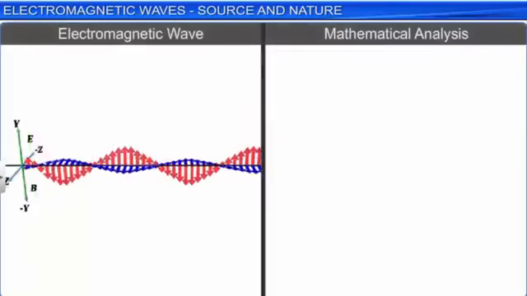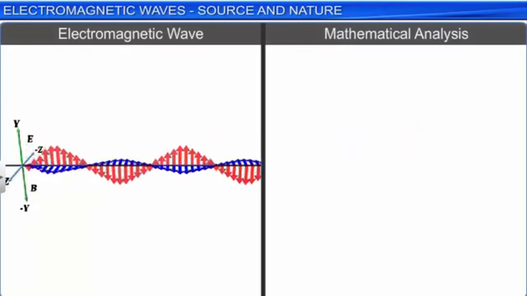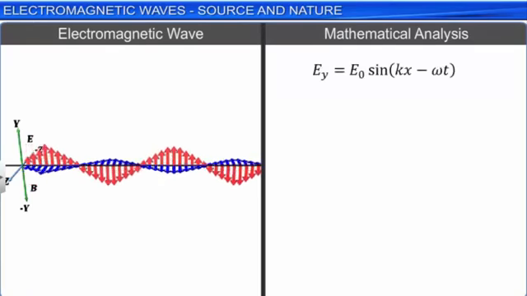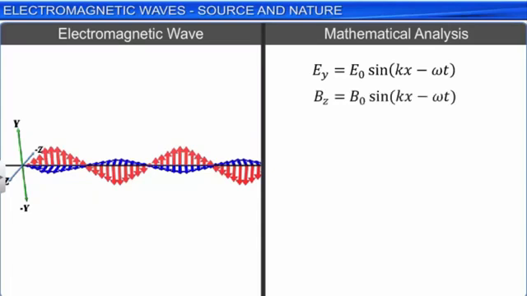The electric field and the magnetic field can be written as E_y = E_0 sin(kx − ωt) and B_z = B_0 sin(kx − ωt) respectively. Let these be equations 1 and 2 respectively.